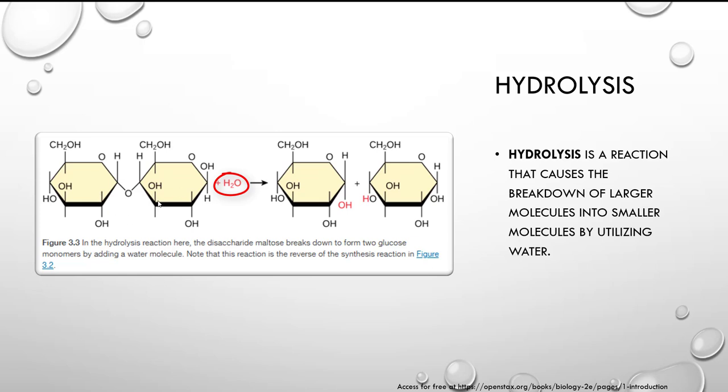Okay, so we're going to take the polymer, well in this case it's just a disaccharide, and we're going to take that water and use it to break the bond. So hydrolysis, use water to break it apart. Basically it's just the opposite of the dehydration synthesis reaction. By breaking apart, we're going to add a hydroxyl group to one of the glucose and a hydrogen to the other.